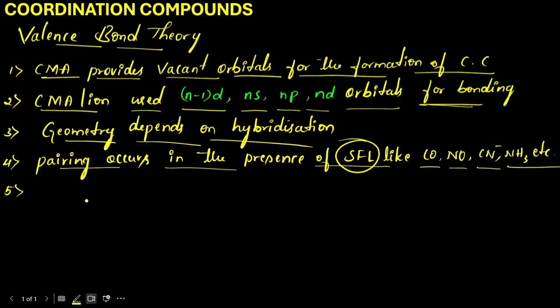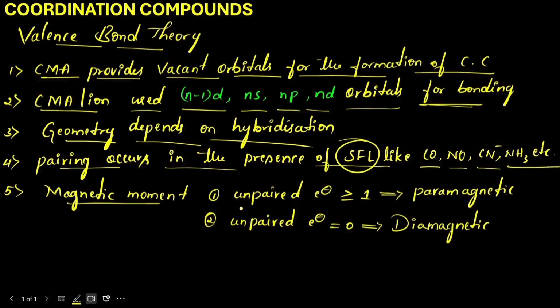Next one is magnetic moment. If the number of unpaired electrons is greater than or equal to 1, then it is said to be paramagnetic in nature. Again, if the number of unpaired electrons is equal to 0, then it is said to be diamagnetic in nature. Next we will see the type of hybridization with respect to coordination number.